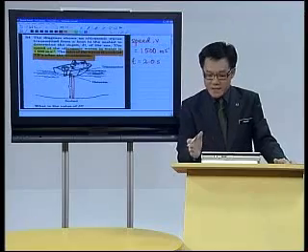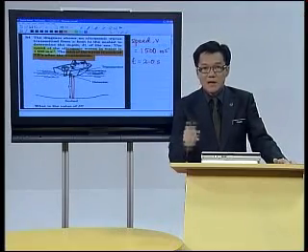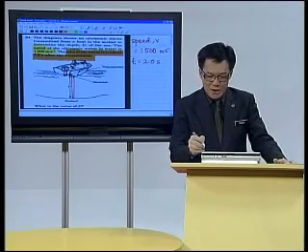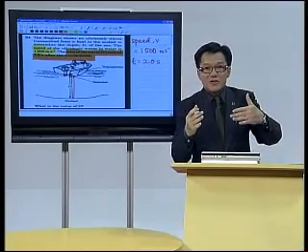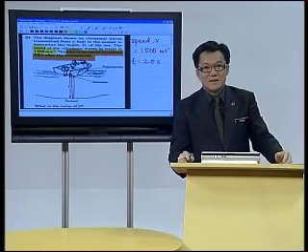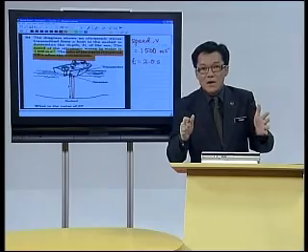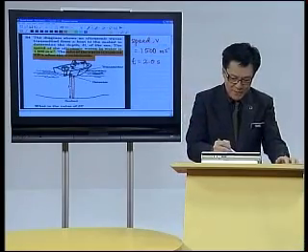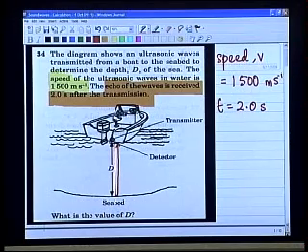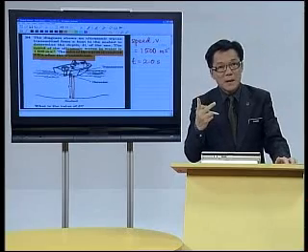Alright, so I have 2 quantities here, 2 values. Now my question is this. When the time is 2 seconds, what is the distance? Is it d or 2d? Look at the diagram again. From the boat to the seabed, that is d. And it comes back. So it's 2d.